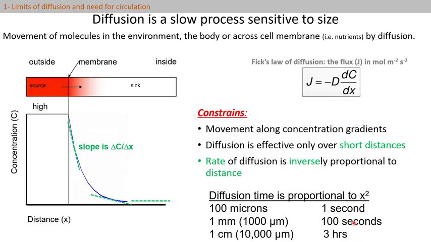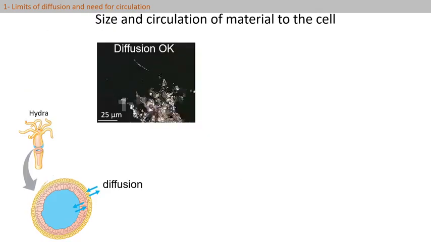So you see that actually the bigger an organism is, the further away from being able to use diffusion as a system it is, because then the time for a molecule to be transported would become essentially infinite.